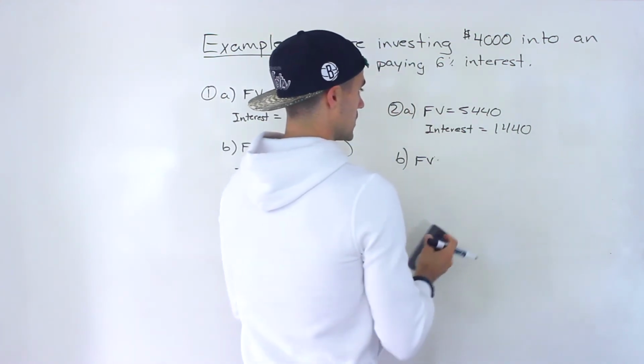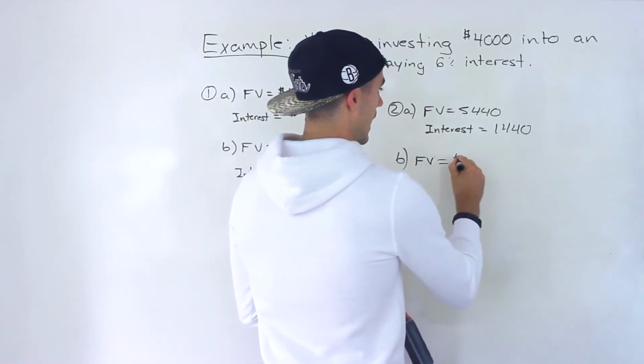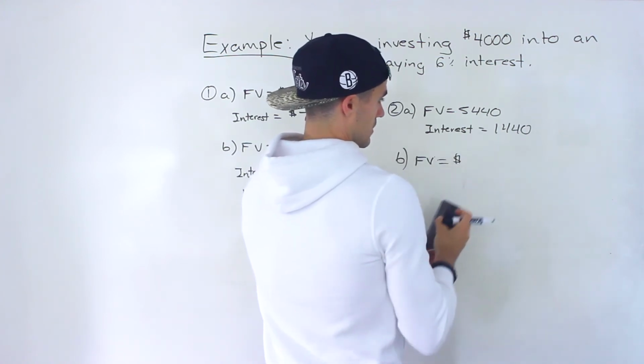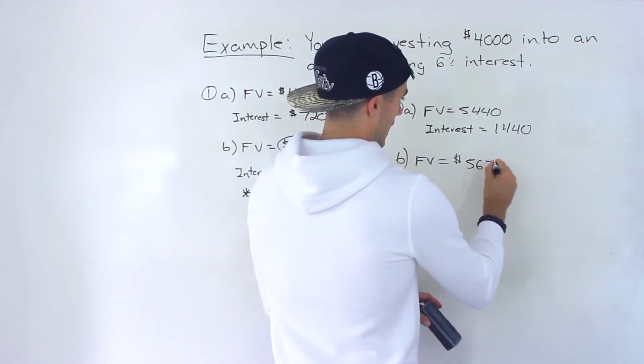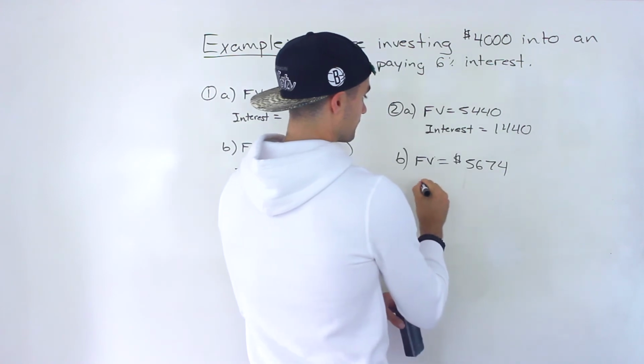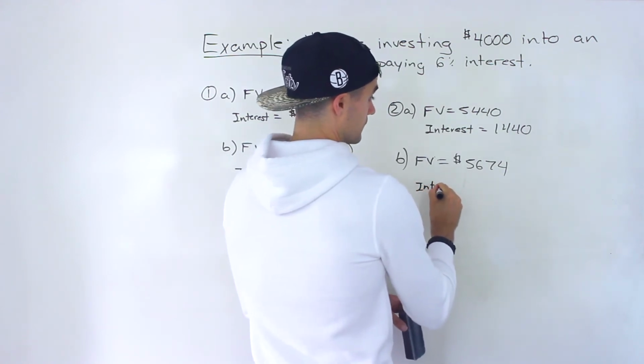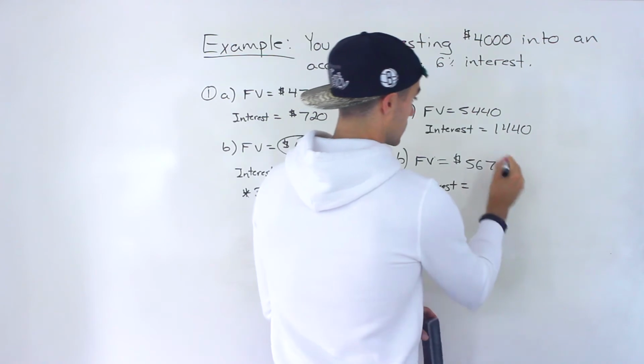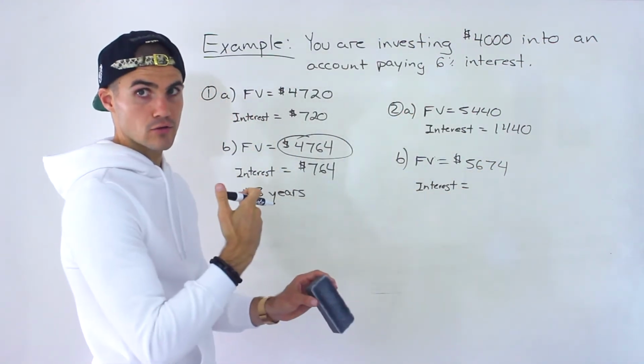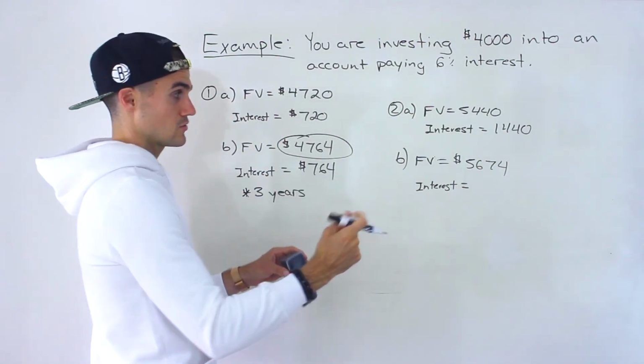What's the interest earned going to be? Just the difference between that and the present value, the amount you invested. The amount you get minus the amount you invest gives you the interest that you've earned.